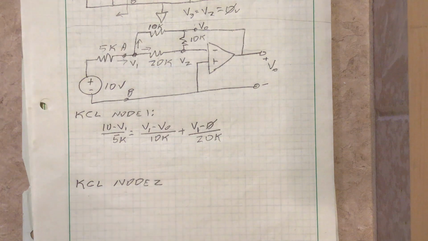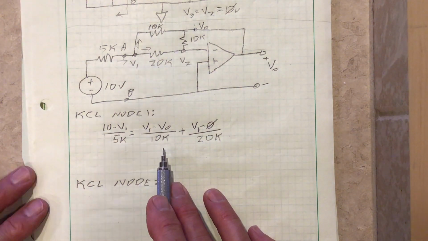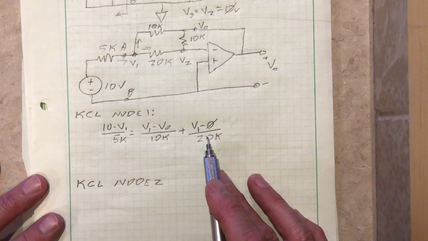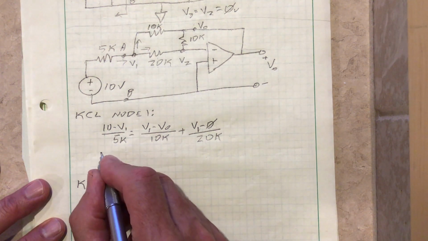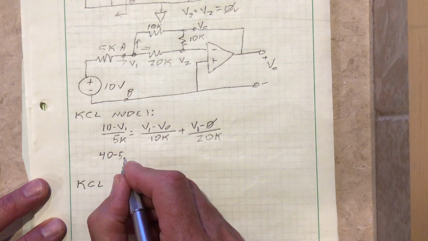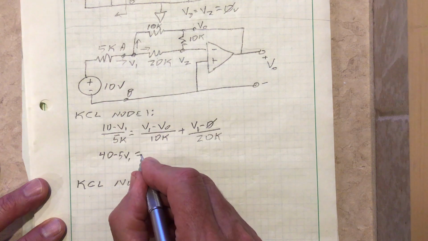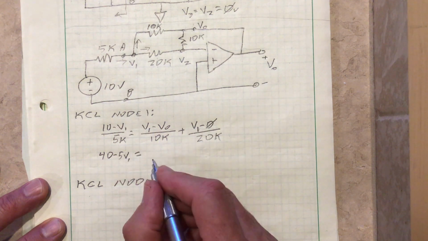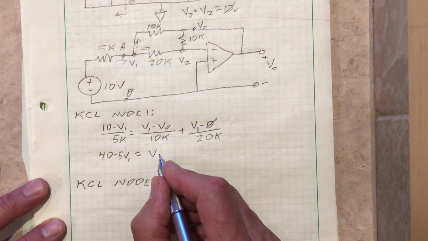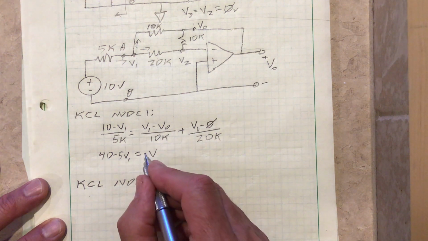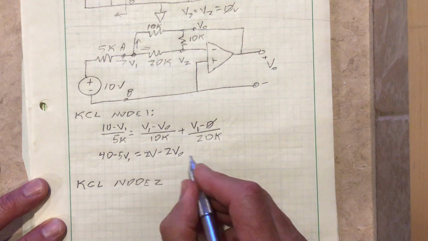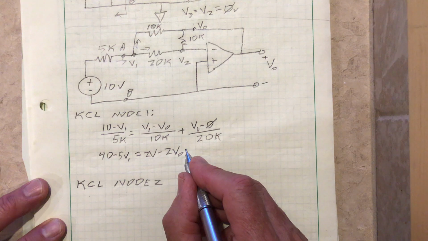Now that's a mess. We'll come through and we'll multiply everything by 20K, our smallest common denominator. What do we end up with? 40 minus 5V1 is equal to 2V1 minus 2V0 plus V1.